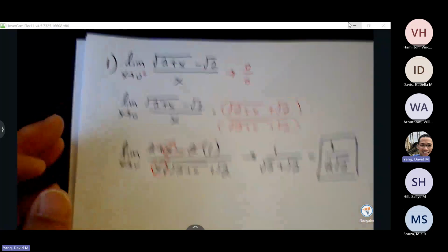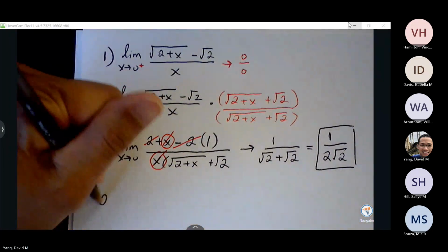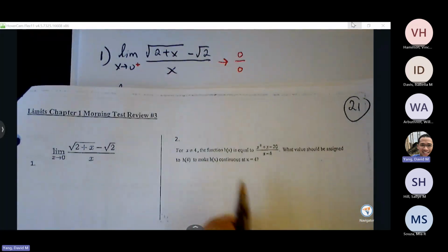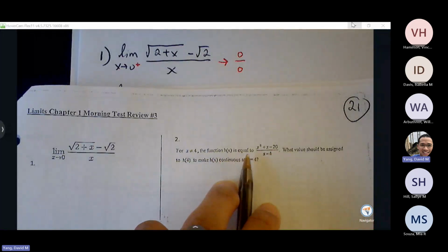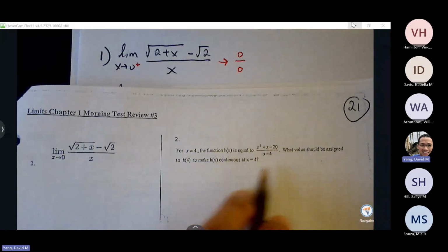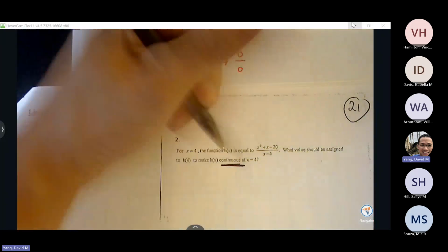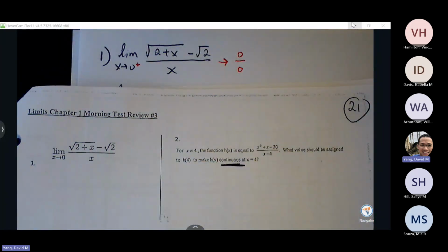Okay, number 2. And it says for x doesn't equal 4, the function is equal to this function. What value should be assigned to make the graph continuous? So you see the word continuous. So let's just go down continuity conditions, right?